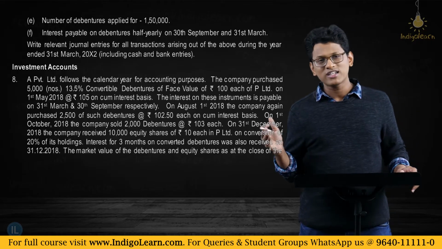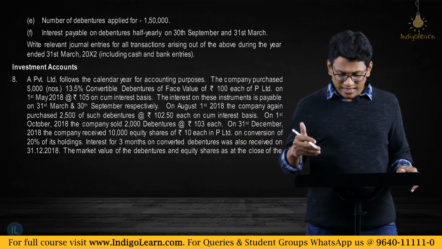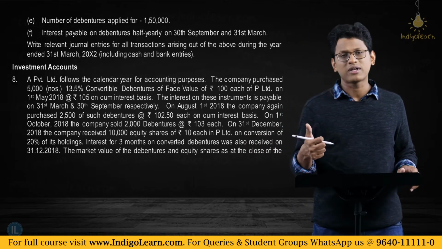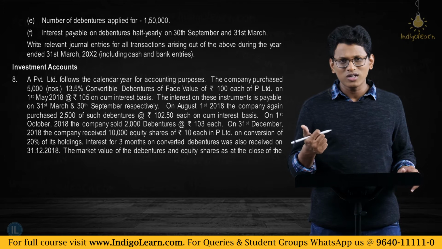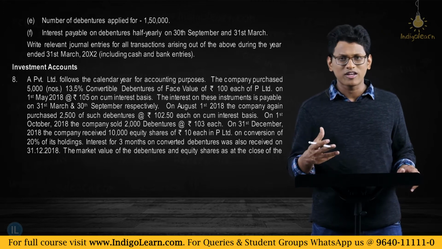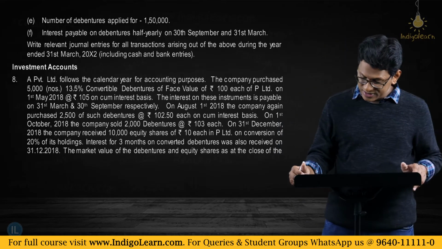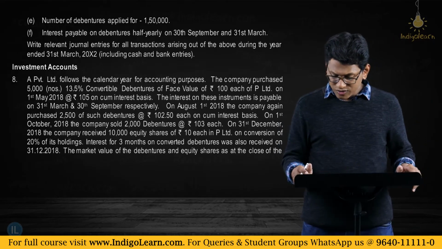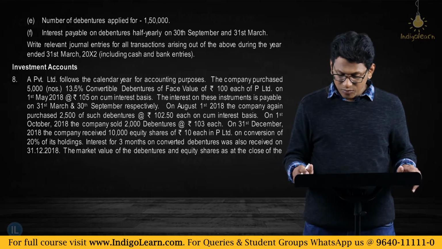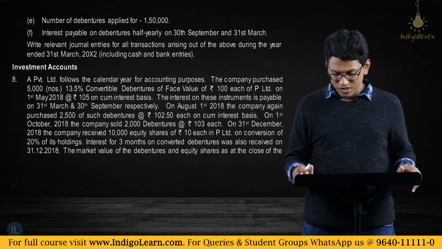So, on 31st March interest would have been paid, and then for the month of April interest would have been accrued but not due. So, that amount would have been charged at the time of this purchase, 1 month interest. On August 1st, 2018, the company again purchased 2,500 of such debentures.